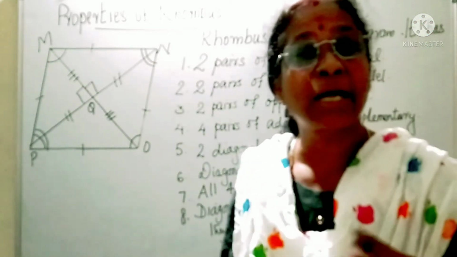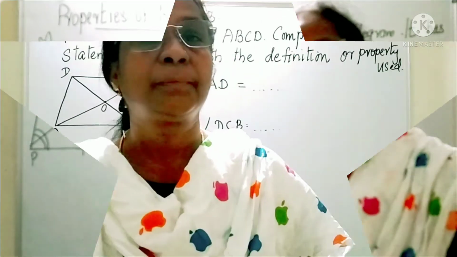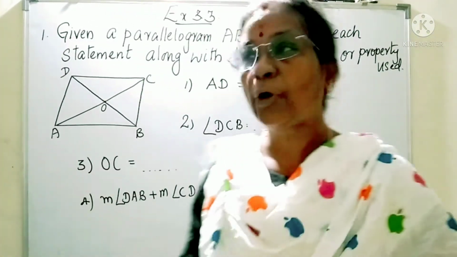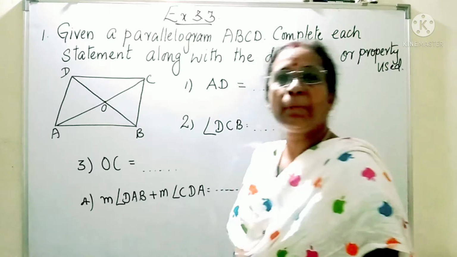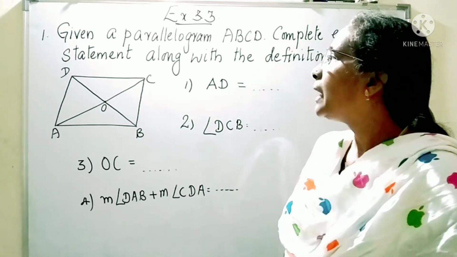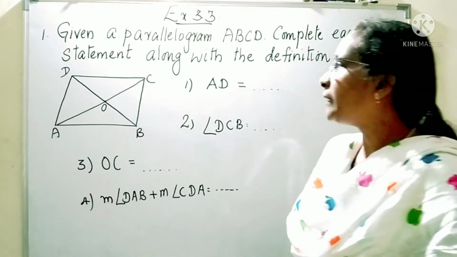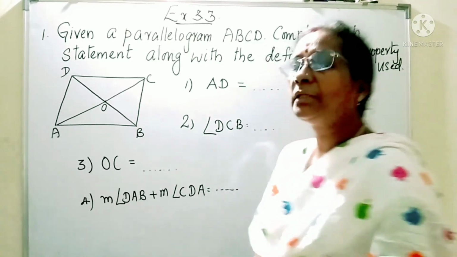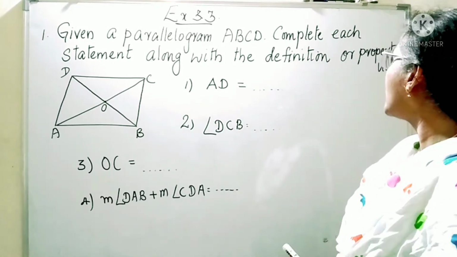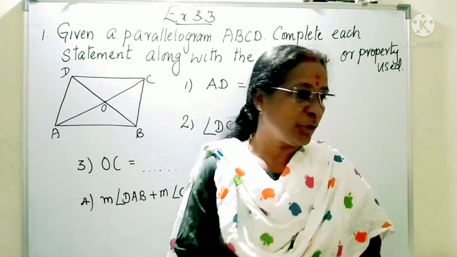And now we will start with exercises in the text. Now let us see exercise 3.3, question number 1. Given a parallelogram ABCD, complete each statement along with the definitions or properties used.